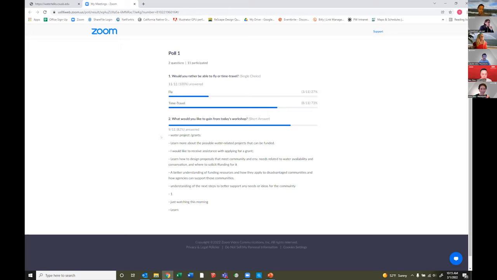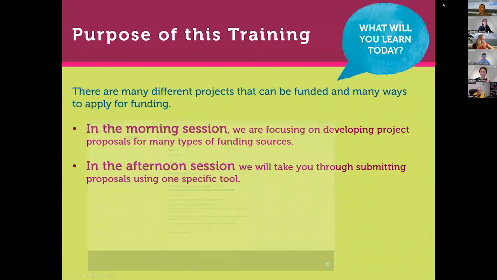A better understanding of funding resources and how they apply to disadvantaged communities, how agencies can support those communities, understanding next steps. Yep. All right. Well, you're in the right place then. So that's great.